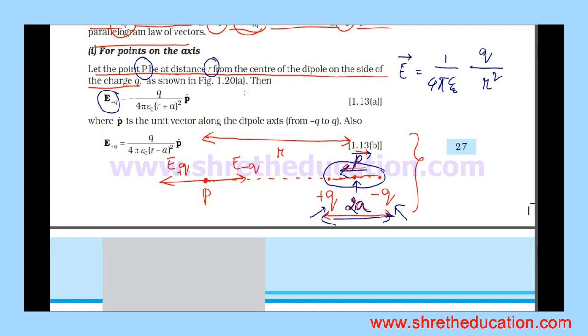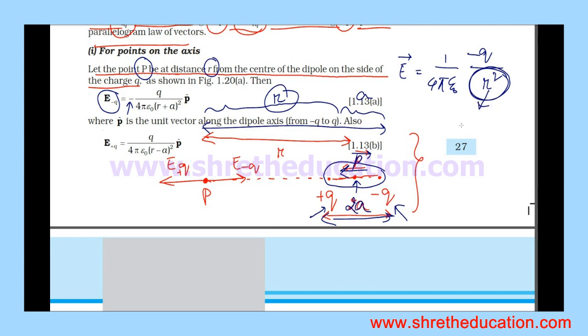The distance from minus q to P is r plus a, so the field is 1 by 4 pi epsilon naught q by r plus a whole square.